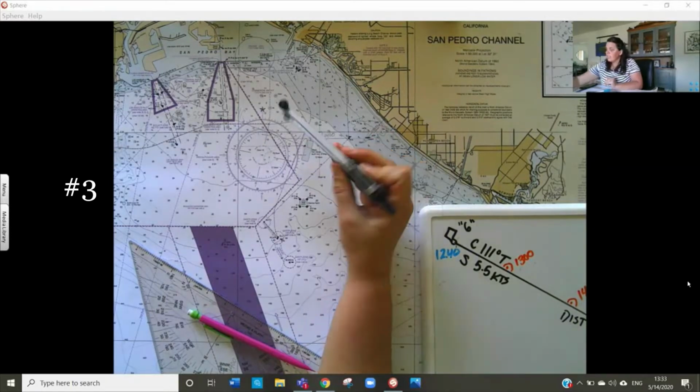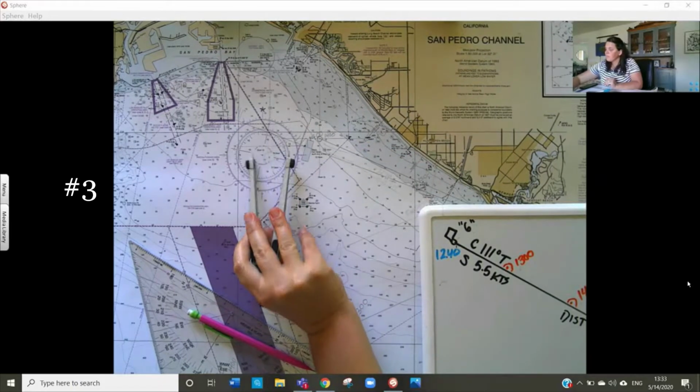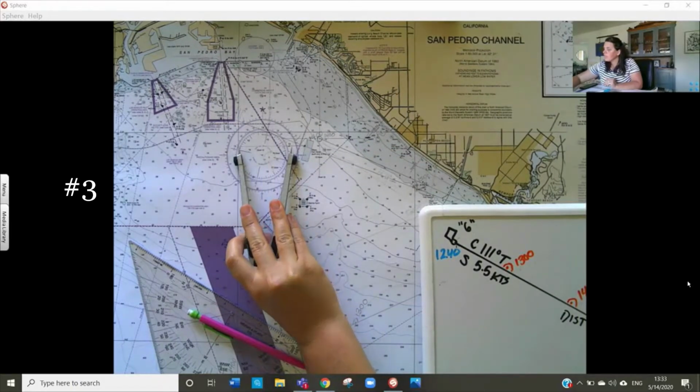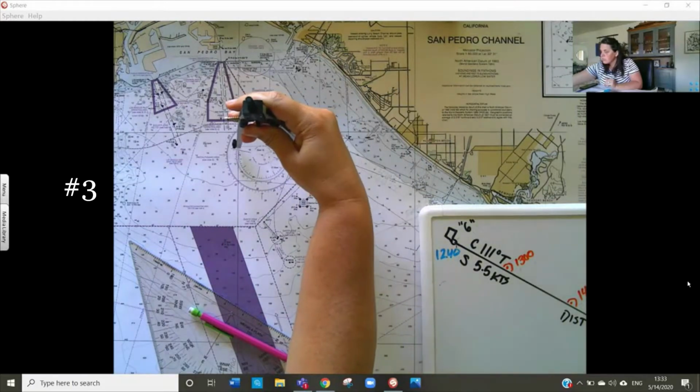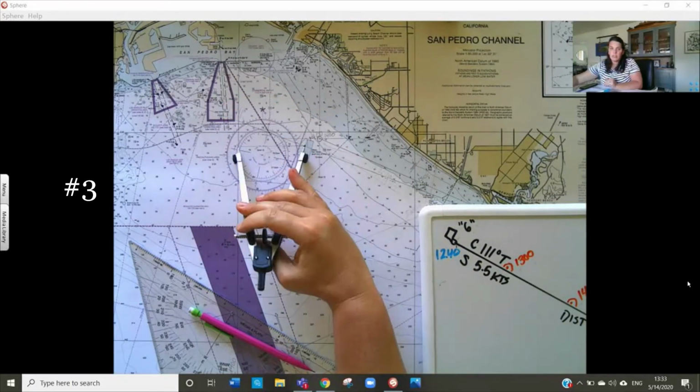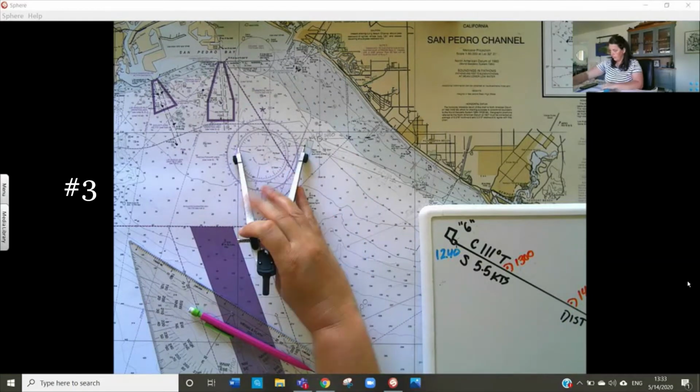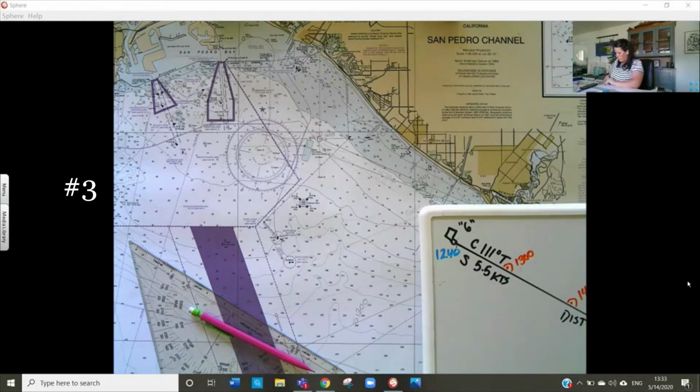And then I can get my longitude. So distance from this meridian, bring it down. And I have 118 degrees 6.2 minutes west.